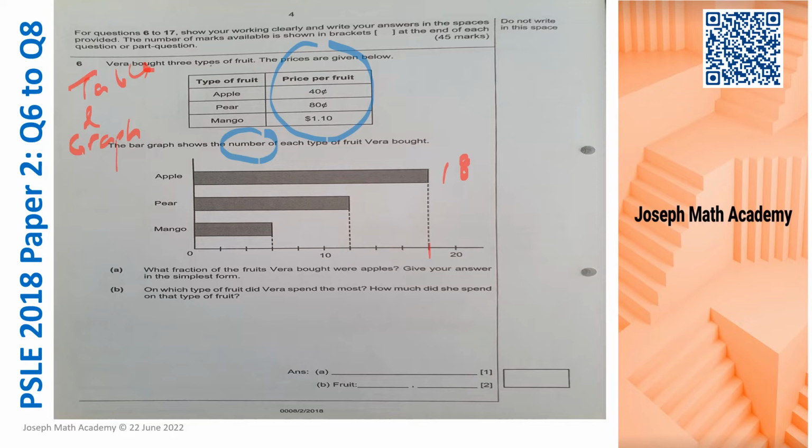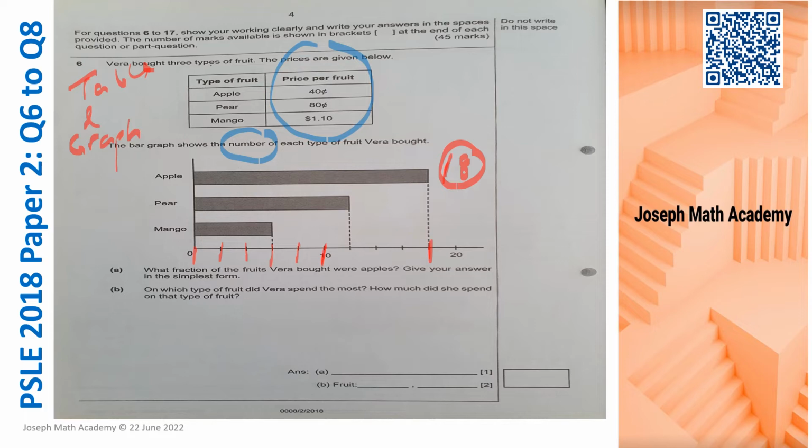From 0 to 10, we have altogether 1, 2, 3, 4, and 5 markings. So each marking carries a value of 2. So it's a repeated addition of 2, or simply saying multiples of 2. That's why this is 18.